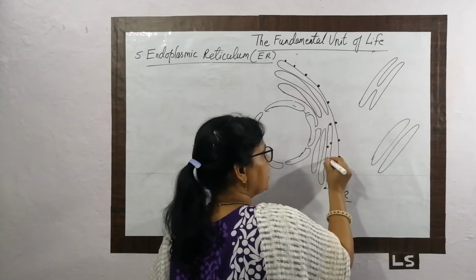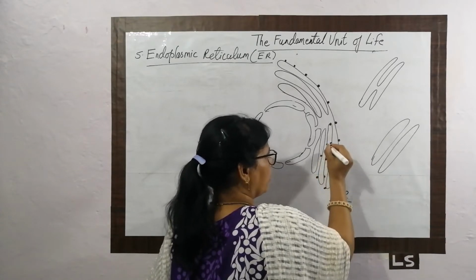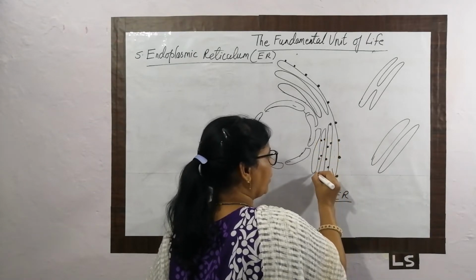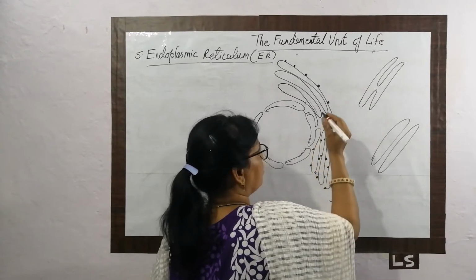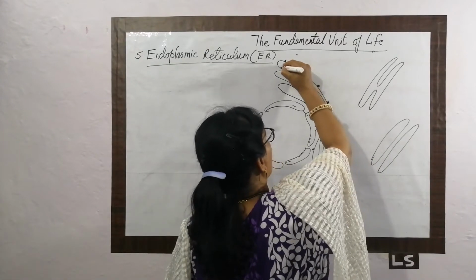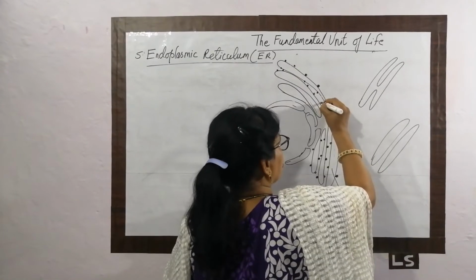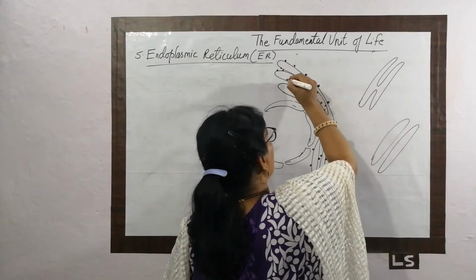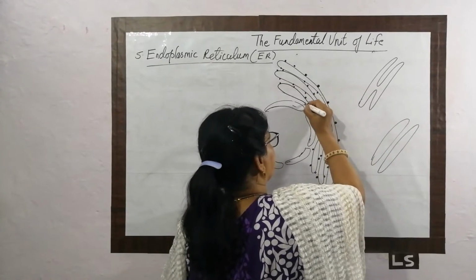Endoplasmic reticulum is a cell organelle which is present in eukaryotic organisms, and the organelles present in eukaryotic organisms are membrane-bound organelles. Membrane means an outer cover is present, and membrane-bound organelle means the endoplasmic reticulum is also membranous. On the outer membrane of the endoplasmic reticulum, certain granules are present.